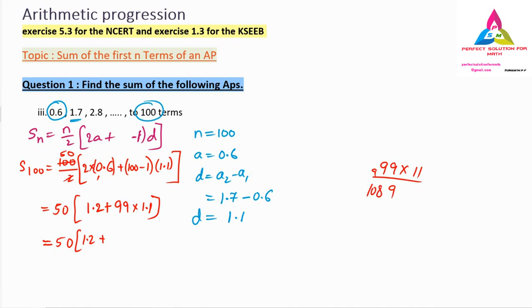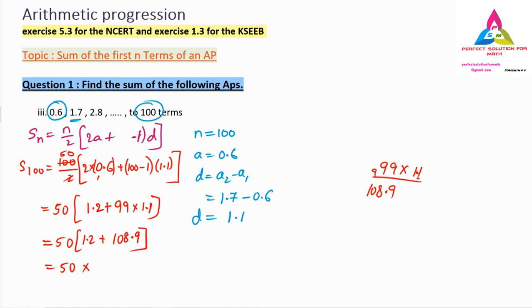Like this we can calculate, it will not be difficult. Then we apply the point value. After the point we have one digit, so before the last one digit we put the point. That gives 108.9. So 50 into, we will write directly.